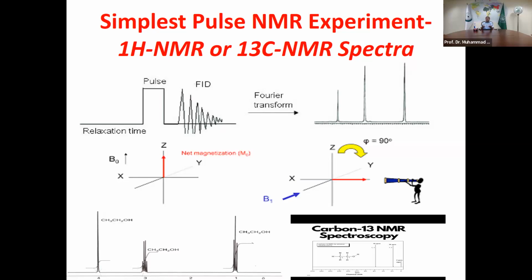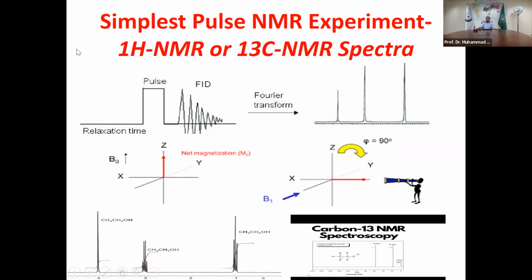If there are 3 different types of protons, there are 3 different types of FIDs. If there are 2000 different types of protons, such as in proteins, then you get 2000 FIDs. You do a Fourier transformation, FT, you get 3 different signals, for example, if you have 3 different protons.